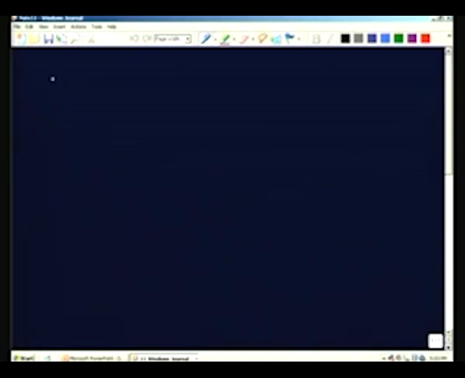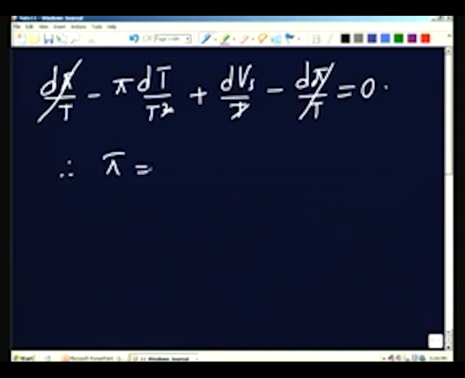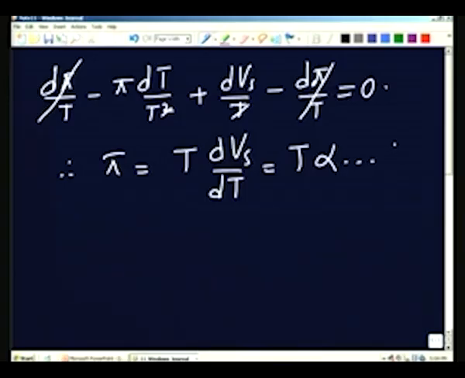So, I should get d pi by t minus pi dt by t squared, this is what we just now had, plus dVs by dt minus d pi by t equal to 0, and therefore, these two will cancel off, and 1 t will cancel off with this t, and you see that therefore, pi is equal to t dVs by dt, nothing but t times alpha. I think this is equation number 9.